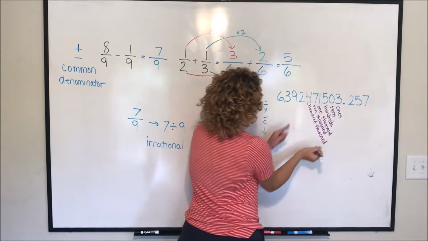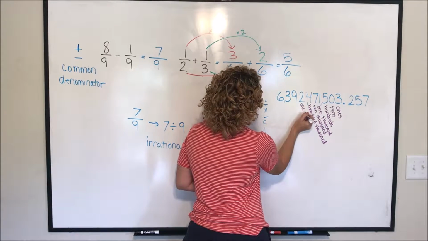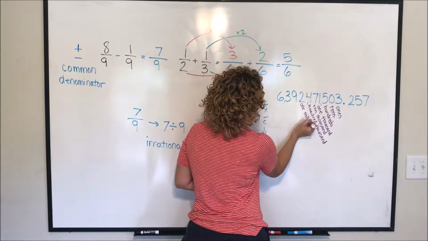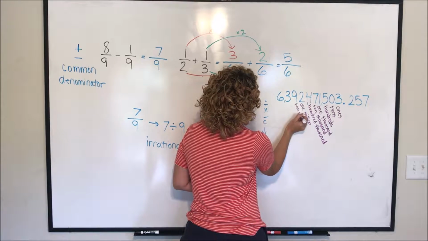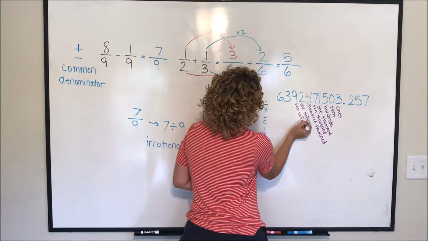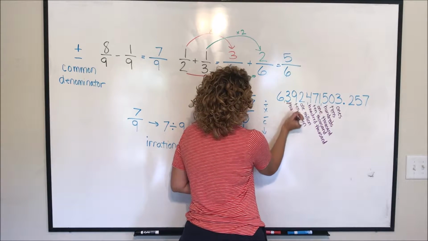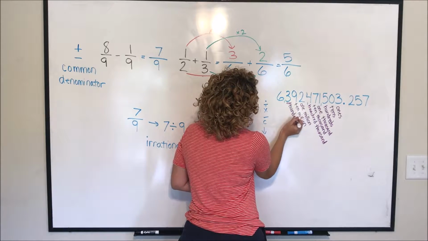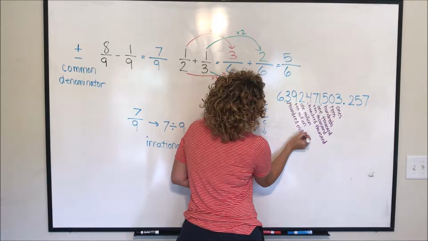Then we move into millions. So this is 1 million, 10 million, 100 million. These are getting a little bit long to write.